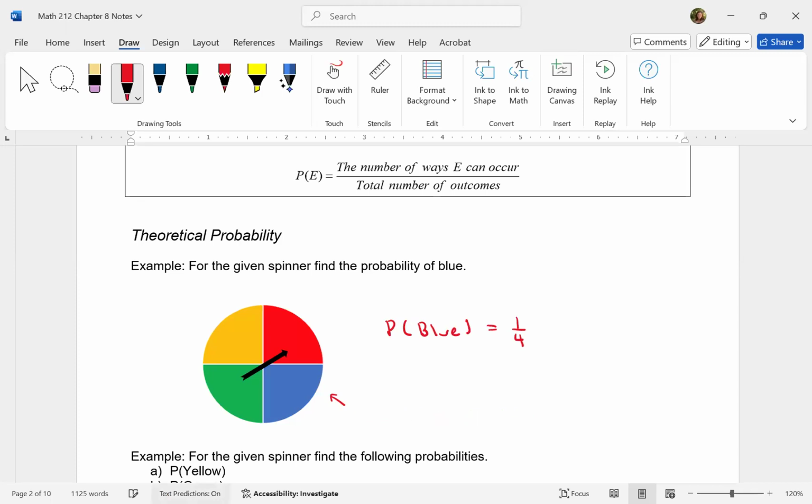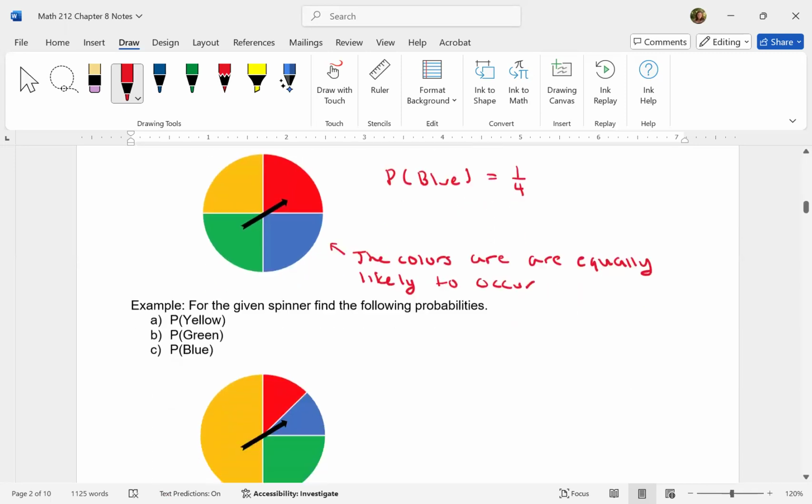The colors are all equally likely to occur. So that would mean that all of them have the same probability of occurring if they're all equally likely to occur.